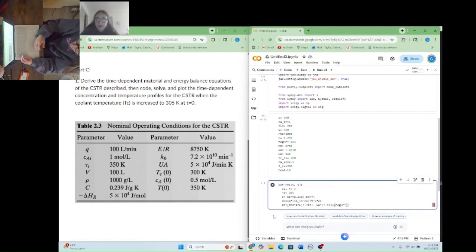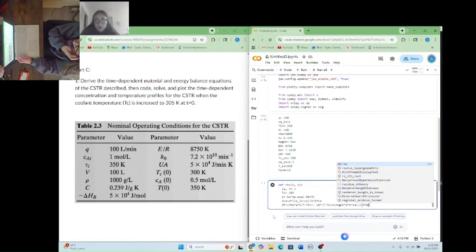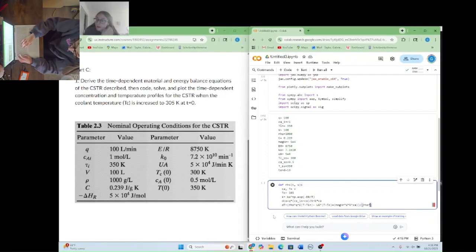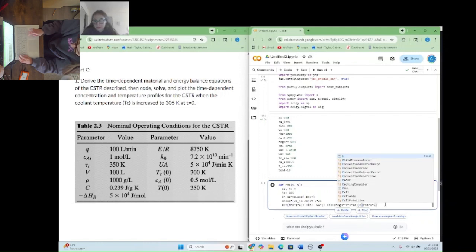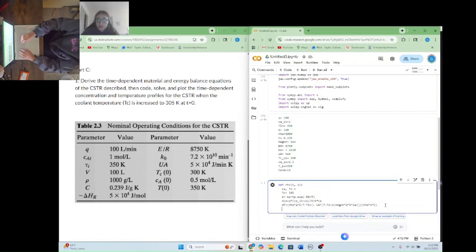So we have our negative heat of reaction, multiplied by our volume, and then times our K times our concentration C. Then we divide this by our mass, right? So this is rho times our volume times our heat capacity. So now what are we returning? We're going to return.